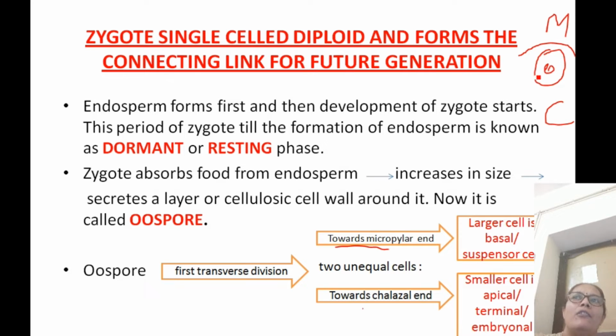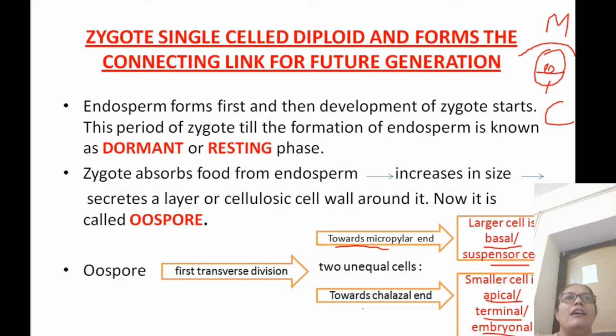Towards the micropylar end is the larger cell which is called the basal cell or suspensor cell. And towards the chalazal end is the smaller cell and it is called the apical cell or terminal cell or embryonal cell, because this cell will give rise to the embryo. So it is called the embryonal cell.